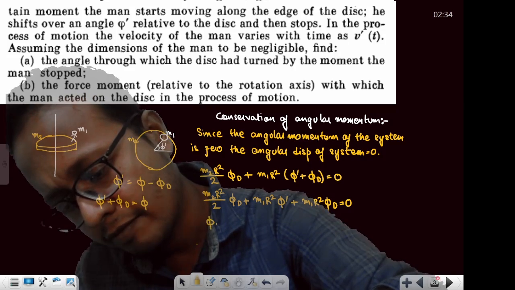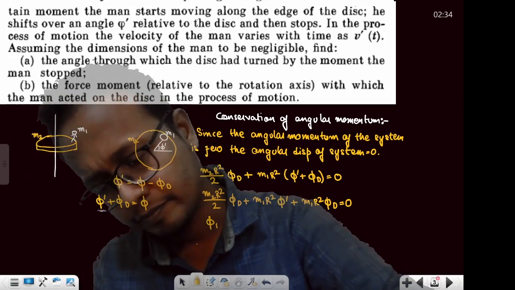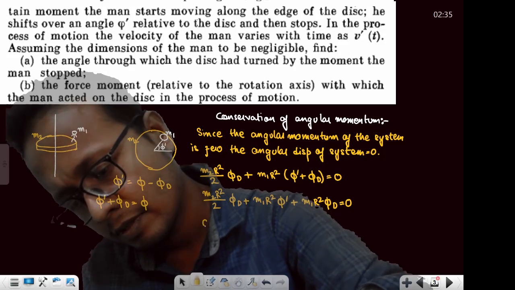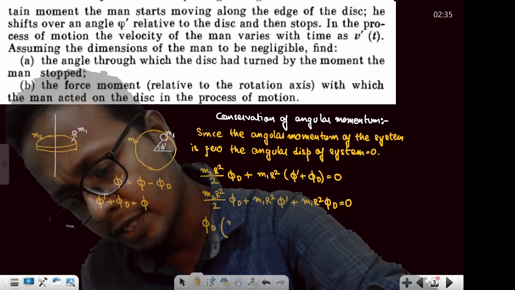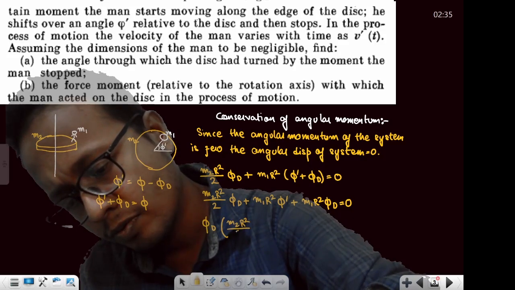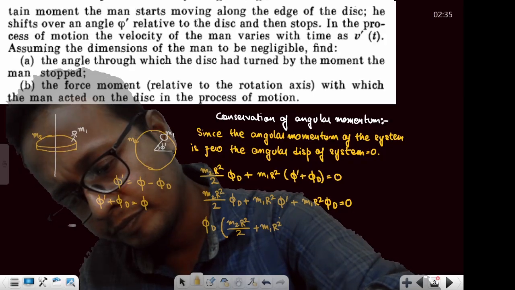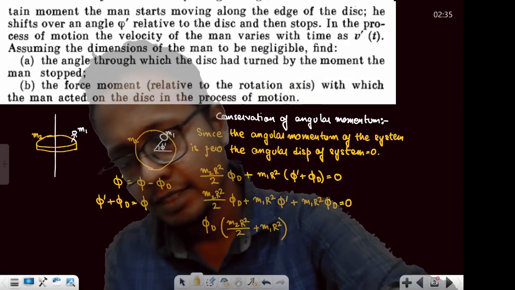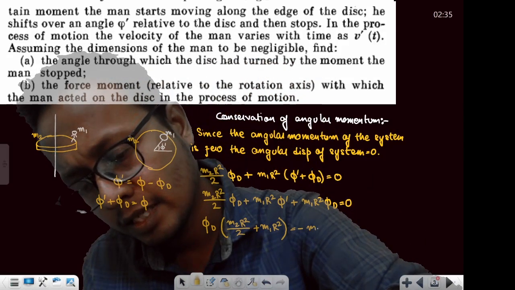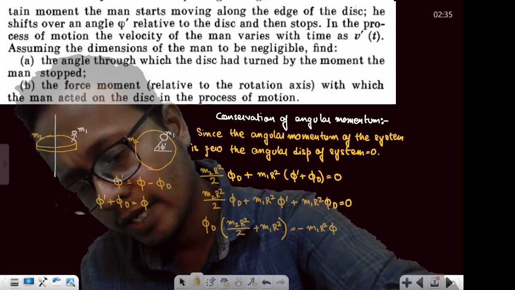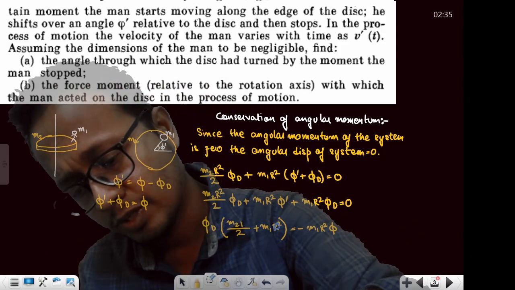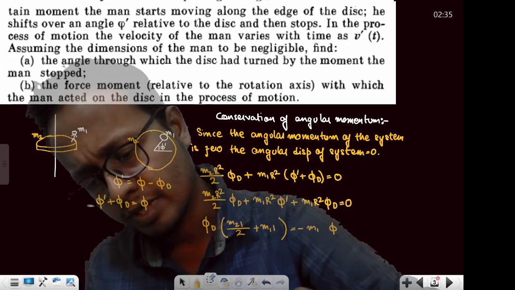Let me take phi d common: phi d times (m2 r square by 2 plus m1 r square). Let me take the phi dash term to the right hand side, which is equal to minus m1 r square phi dash. I can take r square common and cancel out the r square.